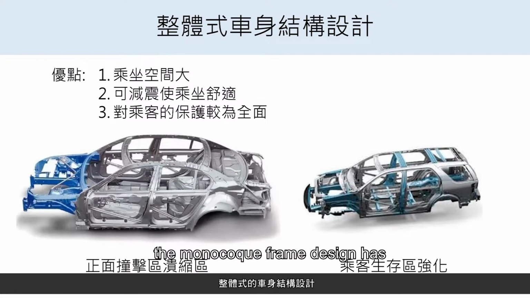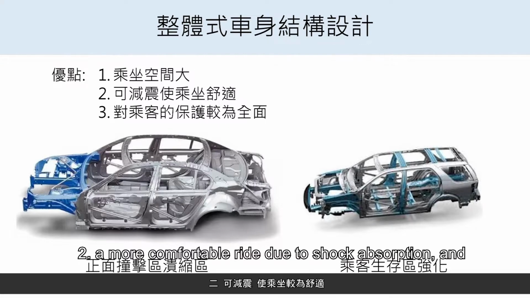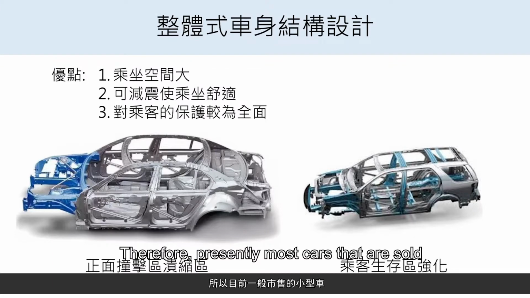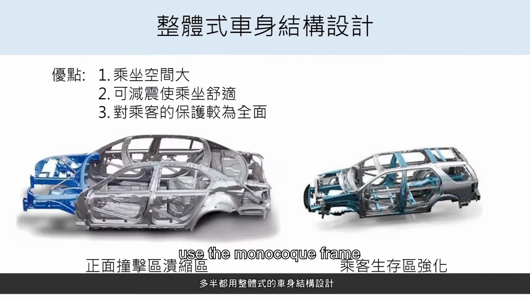Generally speaking, the monocoque frame design has the following three main advantages. 1. Larger passenger space. 2. A more comfortable ride due to shock absorption. And 3. A more comprehensive protection for passengers. Therefore, presently most cars that are sold use the monocoque frame as the main structural design method.